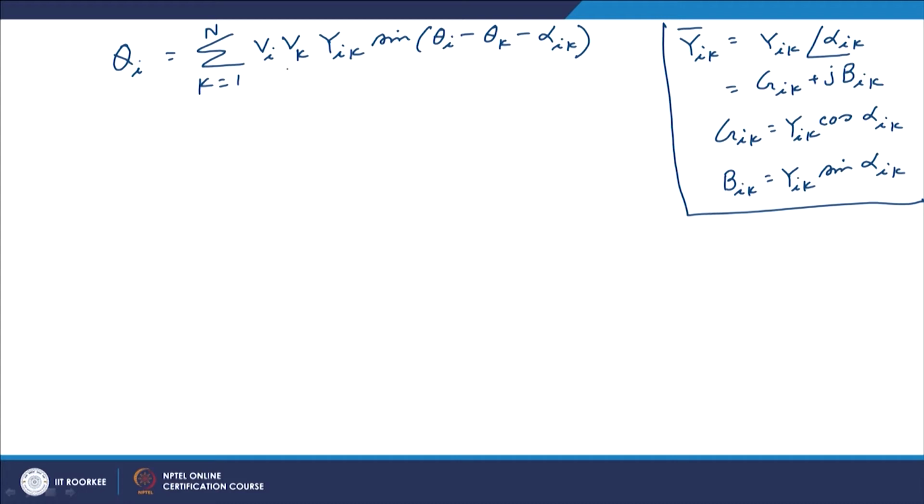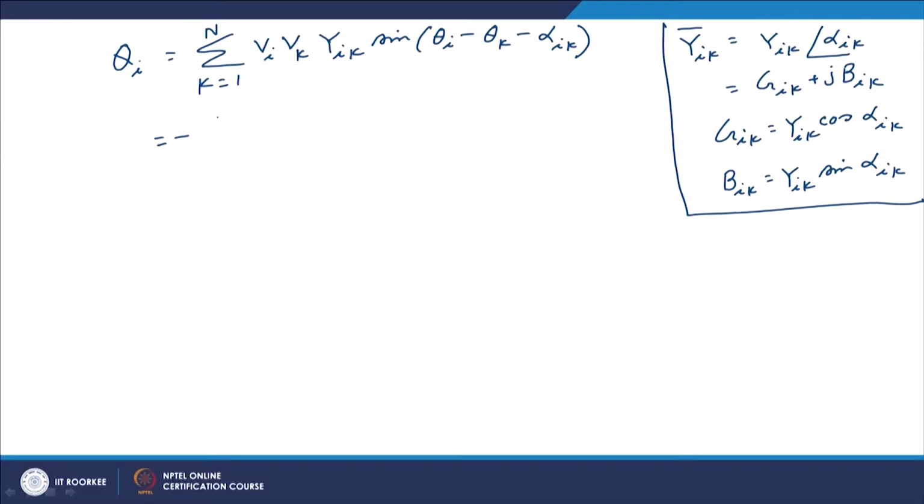Now, if we take the ith term separately, as we have done for the expression of Pi, then what will I get? If k is equal to i, it becomes Vi square Yi, and theta i and theta k cancel out. So this is sine of minus alpha ik, which is sine of minus alpha i because here k is equal to i. Sine of minus alpha i is nothing but minus sine alpha i.